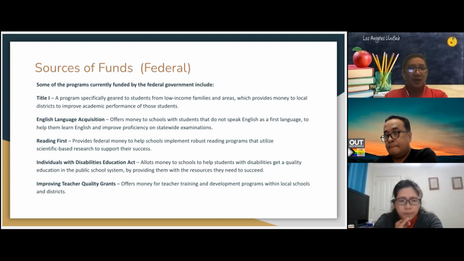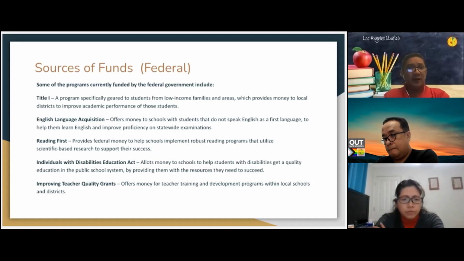Title I money focuses on programs specifically geared to students from low-income families and areas, which provides money to local districts to improve academic performance of those students. Another federal program is the English Language Acquisition, which offers money to schools with students that do not speak English as a first language to help them learn English and improve proficiency on statewide examinations.